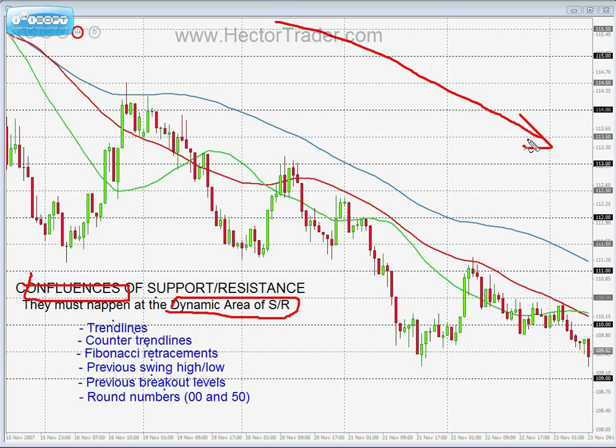Whenever these three elements come together, the trend, the dynamic area, and a confluence of elements within that dynamic area, as soon as you see a bounce off that confluence of different elements of support and resistance, you know that you are trading a high probability trade. You're stacking up odds, you're stacking up probabilities, chances in your favor, and at the end of the day, that's what trading is about.